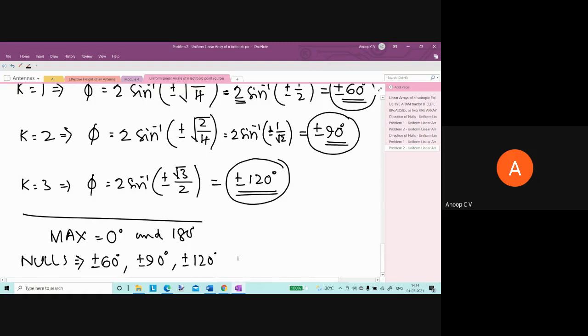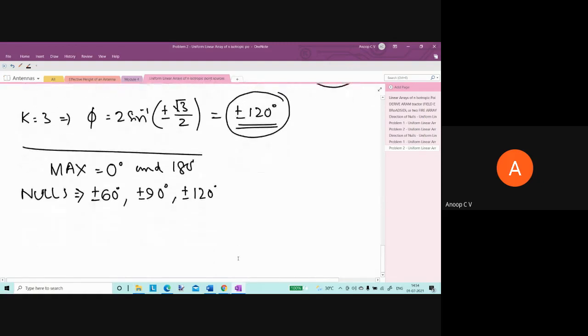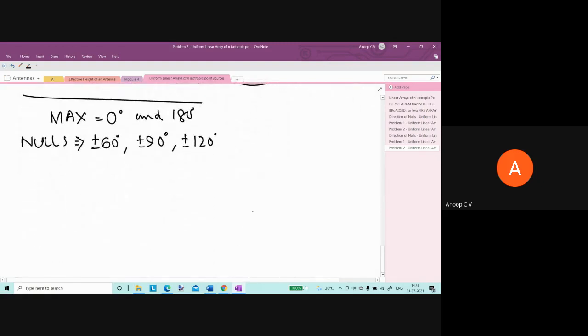Now I'll tell you how to plot this. I should mark all these angles. This is the y-axis and this is the x-axis. This is 0, 90, 180, and 270, or plus or minus 90. Plus or minus 60 will be: this is plus 60, and this will be minus 60.